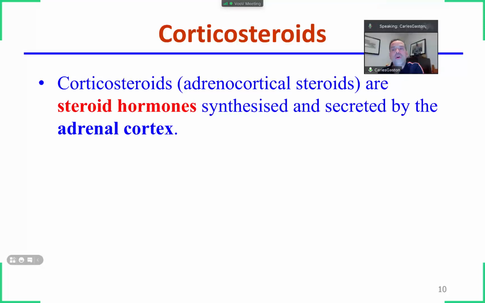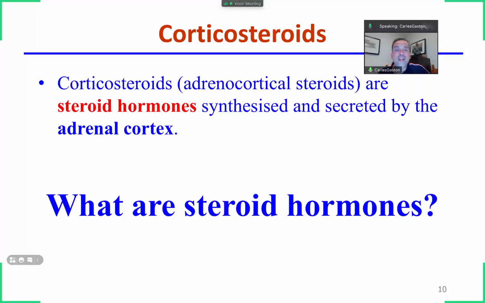So corticosteroids, adrenocortical steroids, are steroid hormones synthesized and secreted by the adrenal cortex. So what are steroid hormones compared to the other hormones that we have studied in the past?